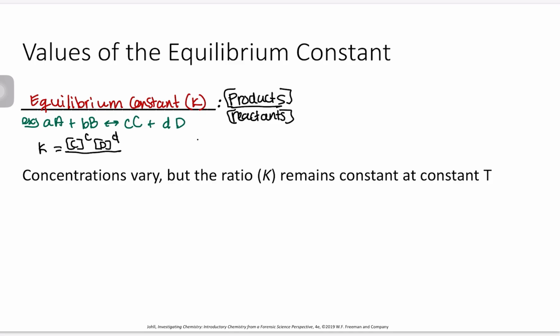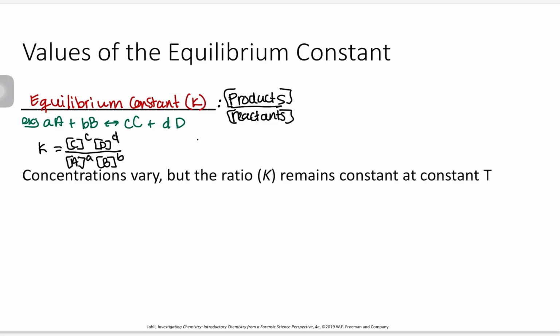And we're going to divide that by the concentration of the reactants. So we'll have the concentration of A raised to the lowercase a times the concentration of B raised to the lowercase b. So this is our equilibrium constant, and this is how we can figure it out.